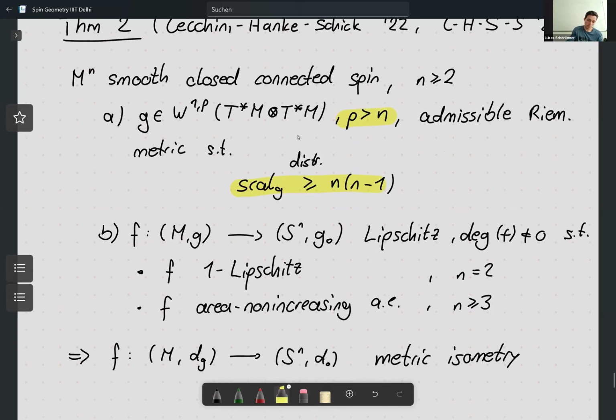And then the conclusion is that F is a metric isometry. We cannot conclude it's a Riemannian isometry, that would be too strong. But as maps, we consider them with the Riemannian distance functions that are induced from the metrics, and with respect to these, this map will be an isometry.